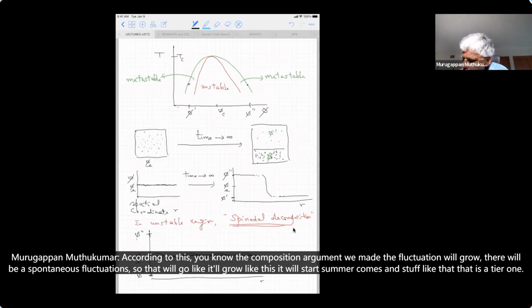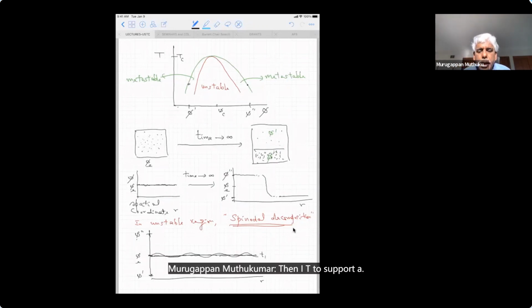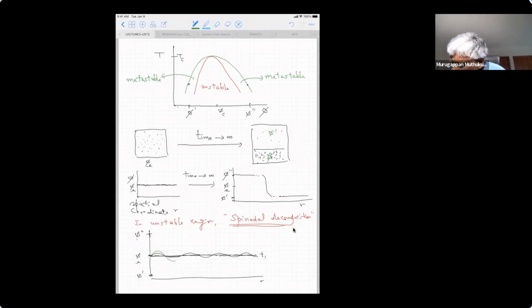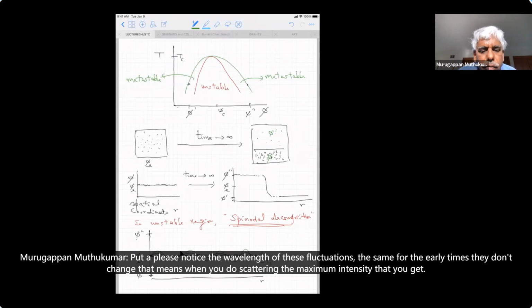That is at T1. Then at T2, suppose a little later, but still a short enough time, these fluctuations will become bigger, as I pointed out. Right? These become bigger. That's T2. But please notice the wavelength of this fluctuation is the same for the early times.